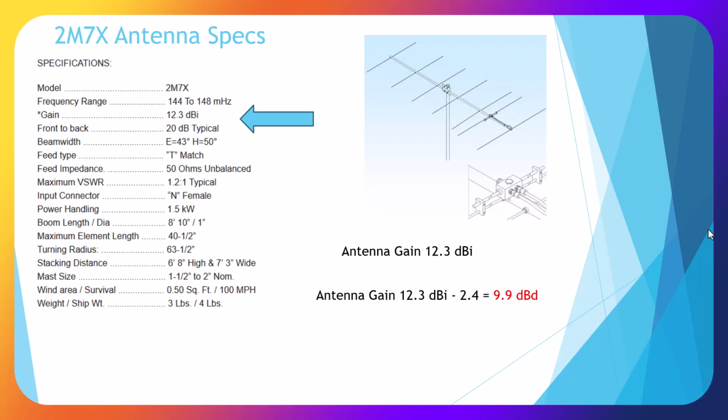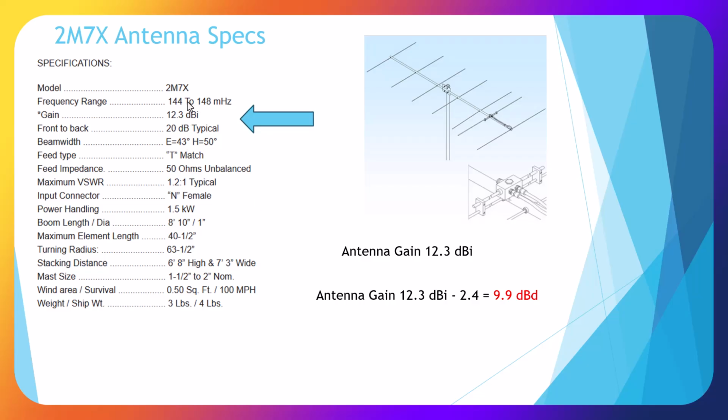Okay, let's take a look at our 2M7X antenna specs. We're interested in the 12.3 dBi, the gain of the antenna, and in order to convert dBi to dBd, we need to subtract 2.4.